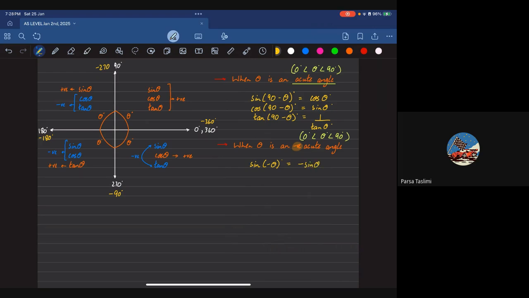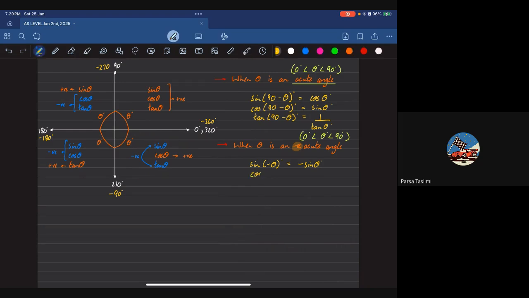Why? Because a negative acute angle lies in the fourth quadrant. So it's going to remain as such. Clear?